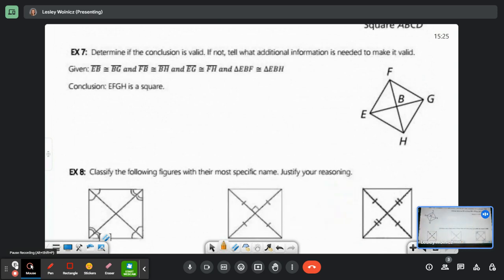All right, let's mark our given information. EB is congruent to BG. FB is congruent to BH. Okay, what does that tell us?